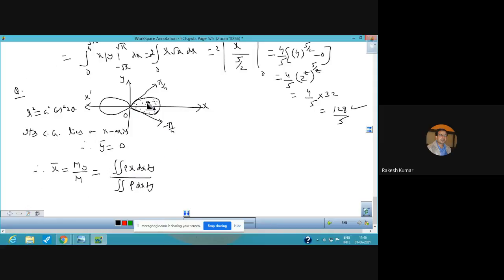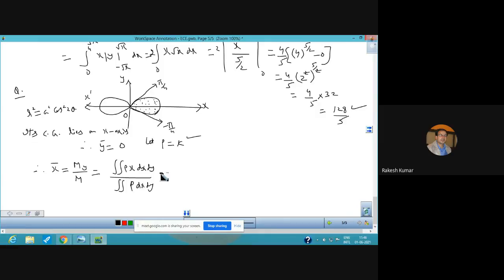Now, since the density is not given, remember, if density is not given, we can assume that the density at every point of the loop is the same. So it means it is constant. So we can take a constant density, that is k.